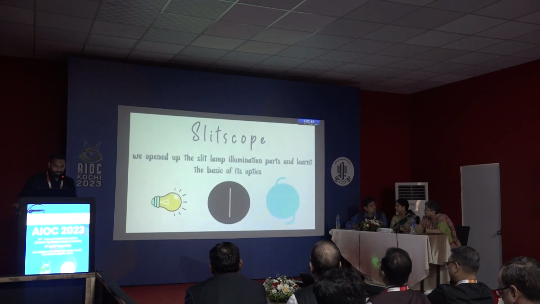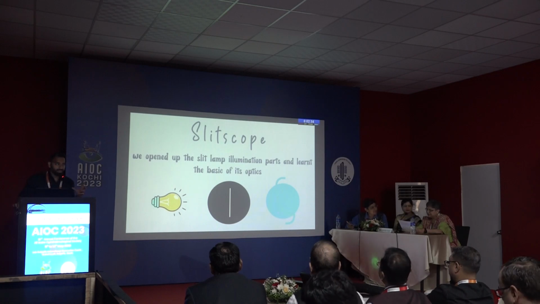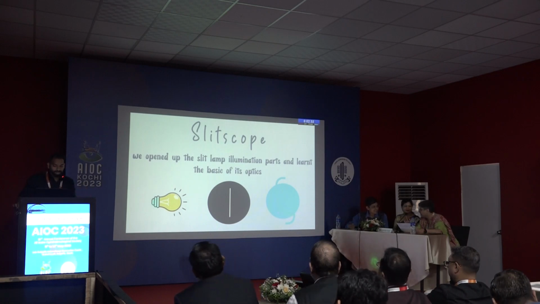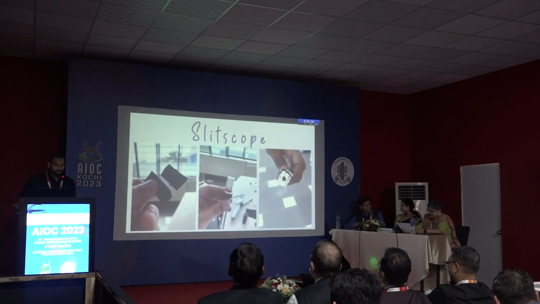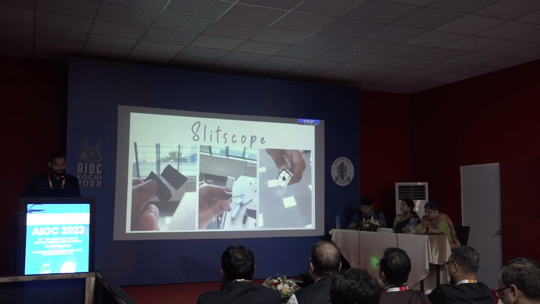These are my co-authors. We opened up the slit lamp and saw what the illumination parts designed over there were. So we had the LED bulb, a slit, and the lens. Over here we use the intraocular lens for the optics. Here you can see we use the slit, which was made using a chart paper.